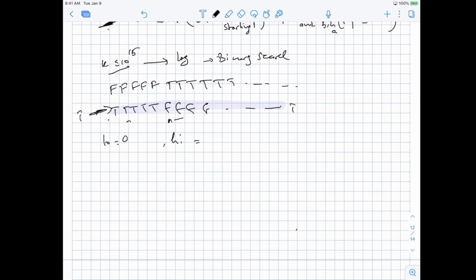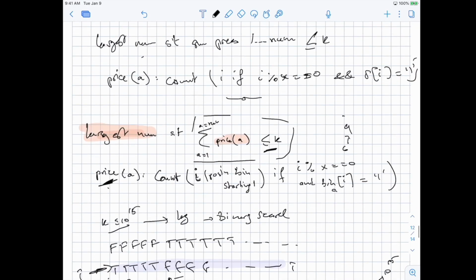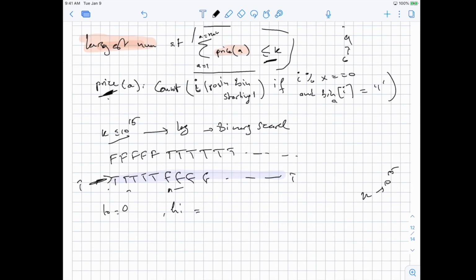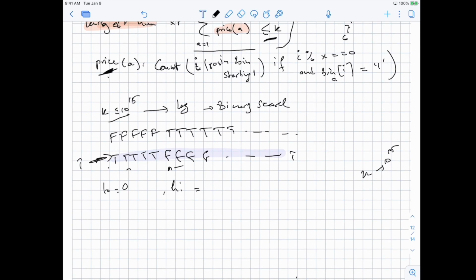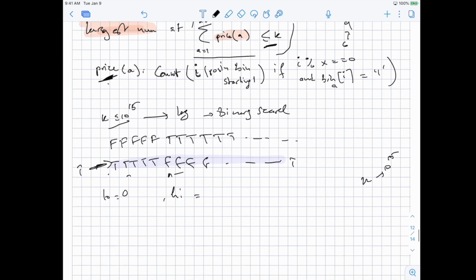Now what do we choose for high? Well, we know k is up to 10 to the power of 15, and that's what we are looking for. The price is the number of set bits, so let's just try with all the bits set, so 64 bits multiplied by 10 to the power of 15, and then we add 1 just to be outside of the bounds.